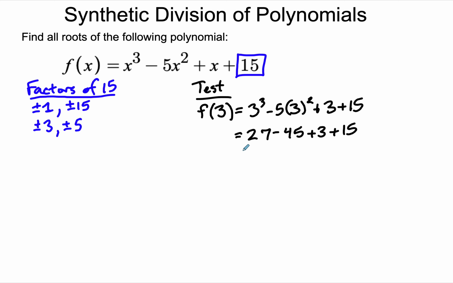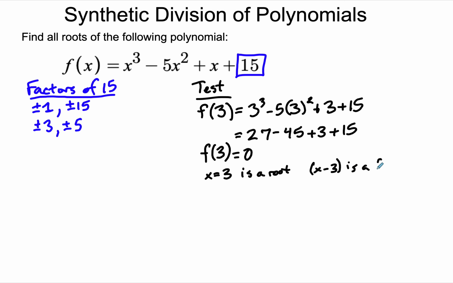Let's double check this. 27 plus 3 is 30, plus 15, minus 45 means 0. So we have a winner. That means x equals 3 is a root of the function, and it also means that x minus 3 is a factor that we can divide out of this.